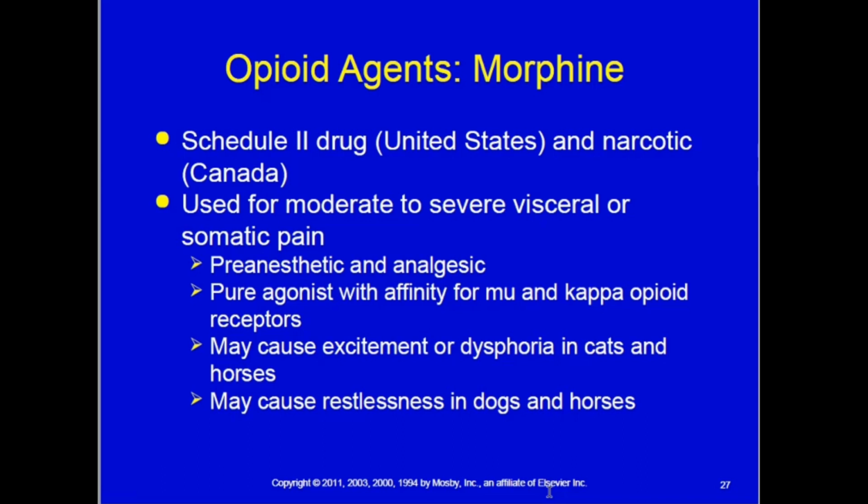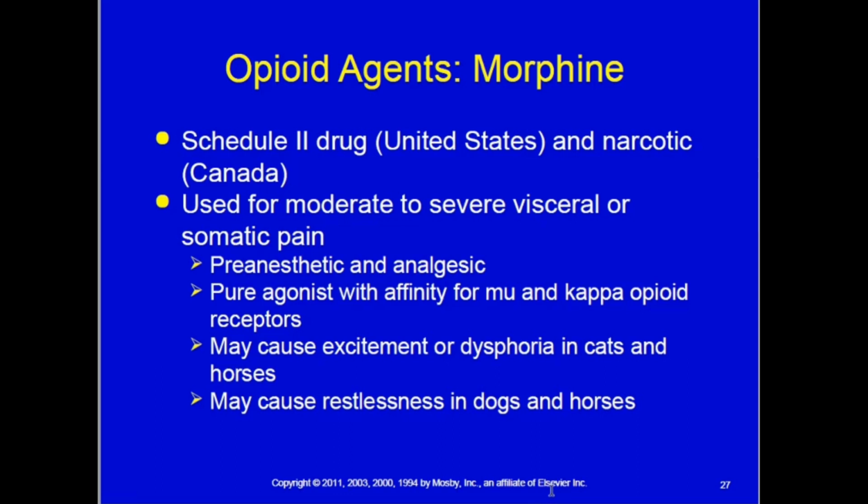It is a pure agonist with affinity to mu and kappa opioid receptors. It may sometimes cause excitement or dysphoria in animals. Sometimes it causes restlessness also in animals.